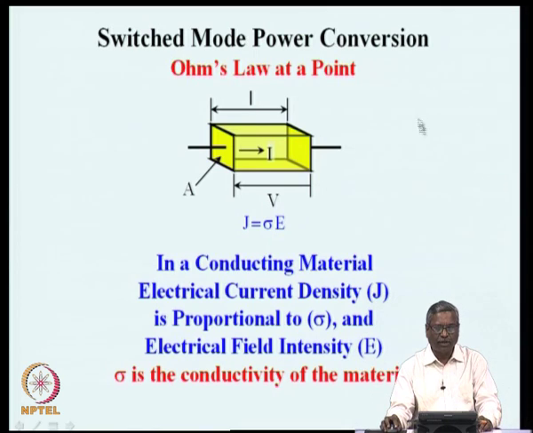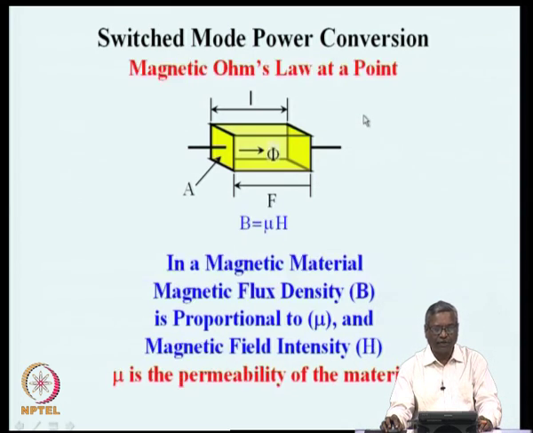This same law, which is true for conduction, can be extended for magnetic circuit elements as well as dielectric circuit elements. For example, the magnetic Ohm's law at a point can be defined as: the magnetic flux density B is proportional to the magnetizing field intensity H, and it is related through the constant of proportionality mu.